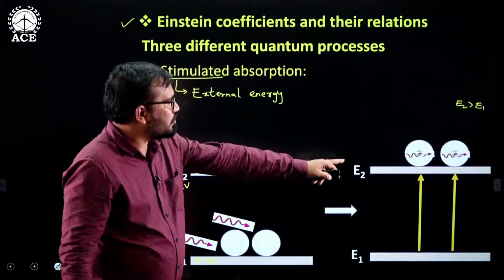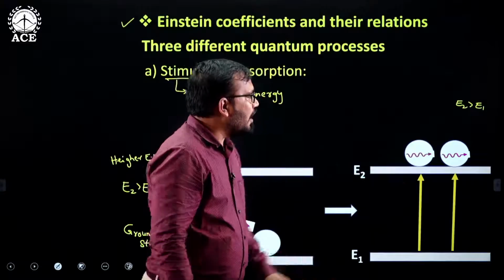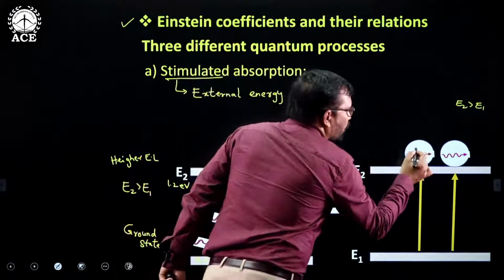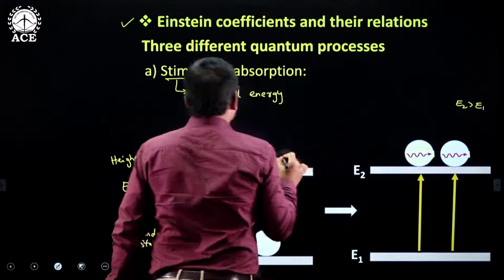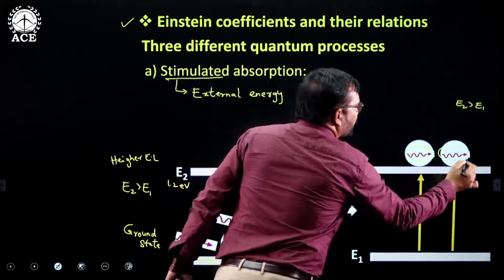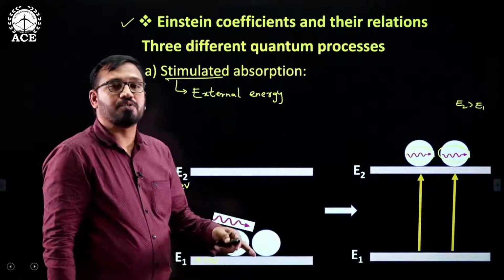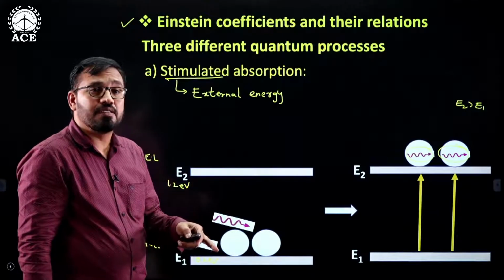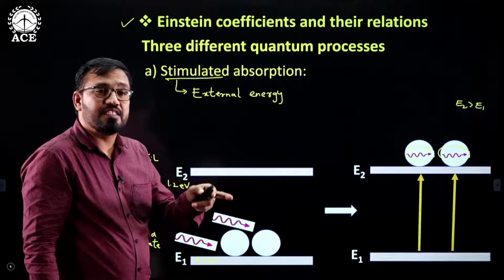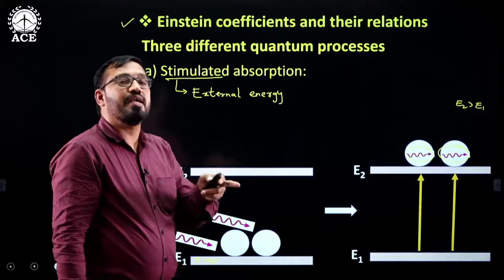So in the E2 level, you find atoms with the absorbed photon. Here the photons are absorbed. So that is absorption. Which absorption is it? External energy absorption, means stimulated absorption.